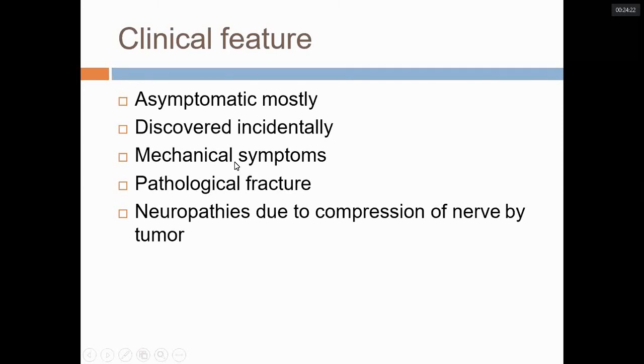Most osteochondromas are asymptomatic, and sometimes they may be discovered incidentally. They may sometimes present with mechanical symptoms and pain, and are very rarely associated with pathological fractures. Neuropathies due to compression of the nerve by tumors have also been reported.